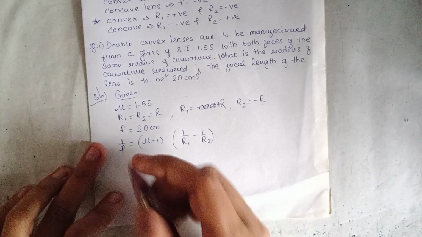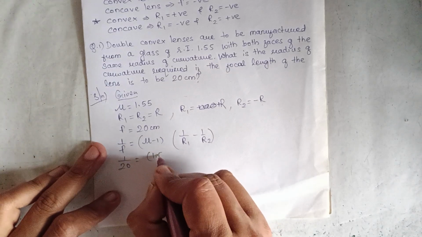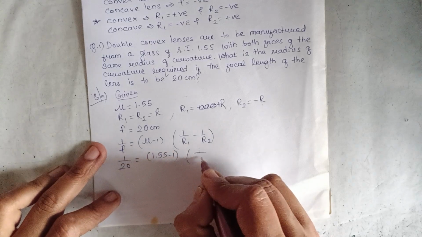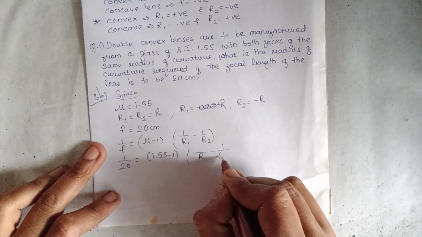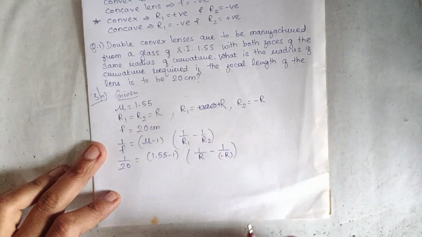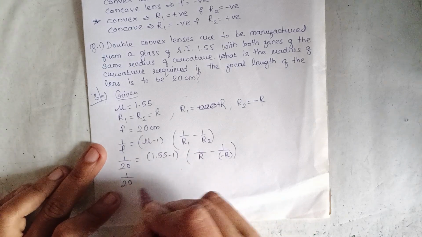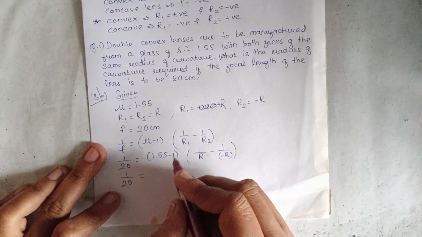So 1 upon 20 is equal to (1.55 minus 1) into (1 upon r minus 1 upon minus r), so this will be plus 1 upon r. 1.55 minus 1 is 0.55.